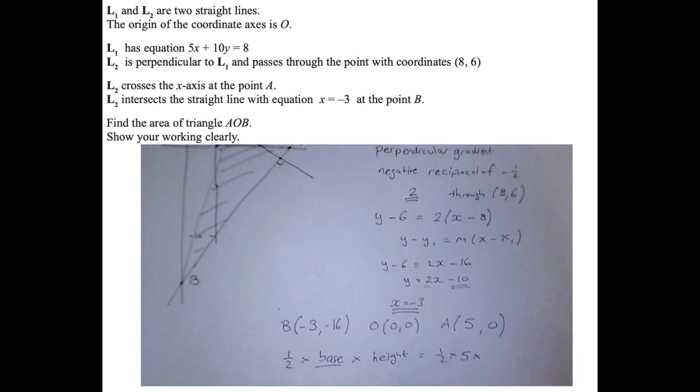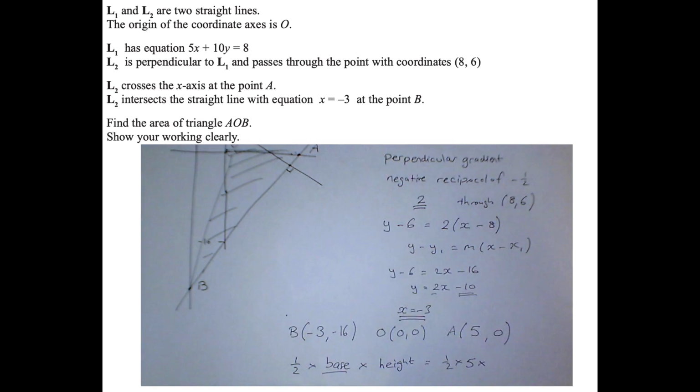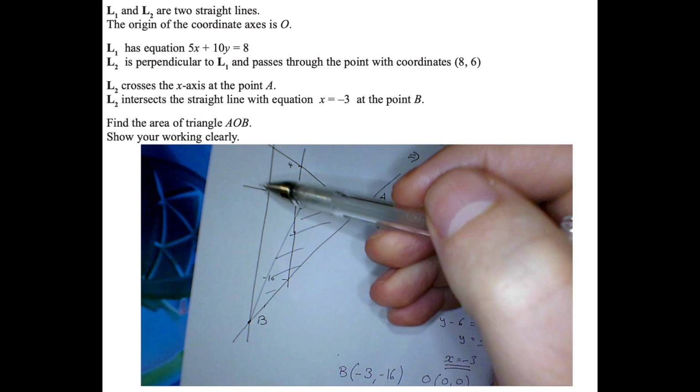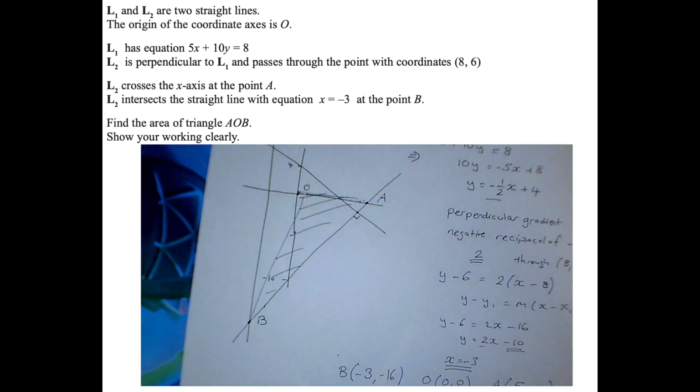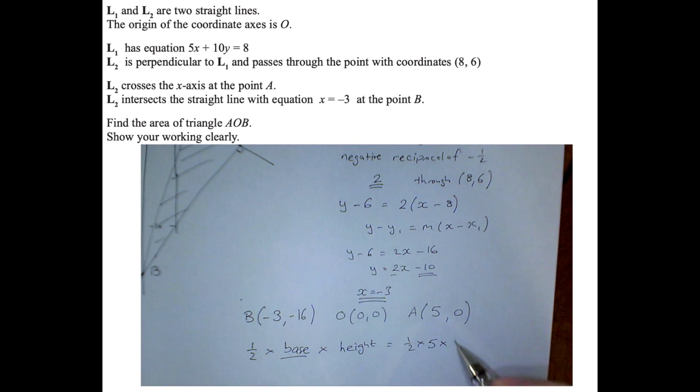And the height is going to be from the x-axis down to the point B. Well, we know the y-coordinate of B. It's 13, isn't it? Oh, no, it's not. It's 16. Now, I know it's minus 16, because of the direction as well, but we just want the length, 16.